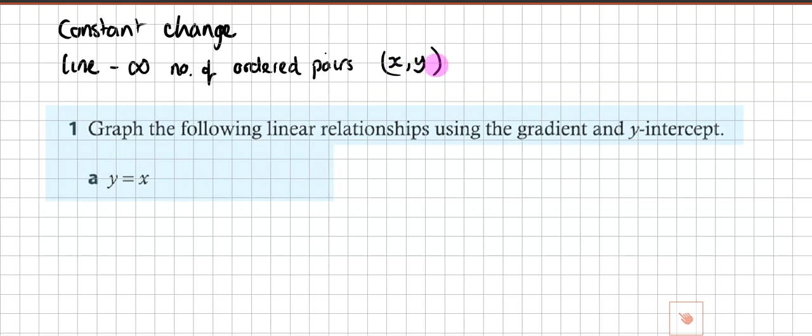So you find y by doing something to x. And if it's a linear relationship, that relationship will look like a straight line if you plot all the points. So a line is an infinite number of points. Anything else we know?